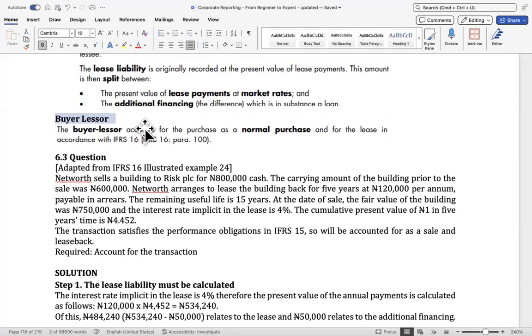So it's just a normal purchase transaction for him. He has bought an asset and now he's a lessor. So the same thing I just taught you today around lessors is exactly how he's going to deal with it. He needs to know, is this a finance or operating lease? Then he treats it accordingly, being a lessor. So that's for buyer lessor.